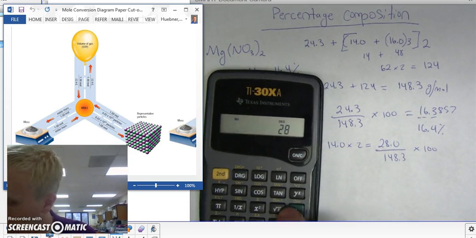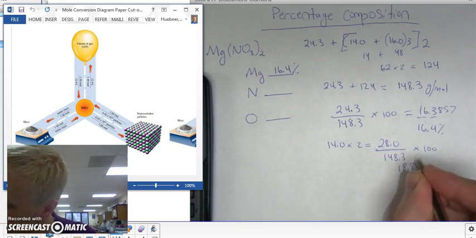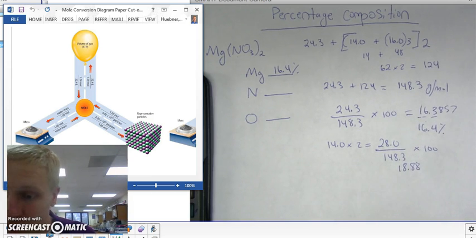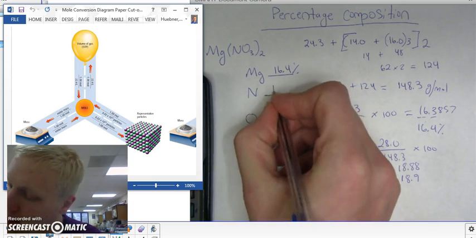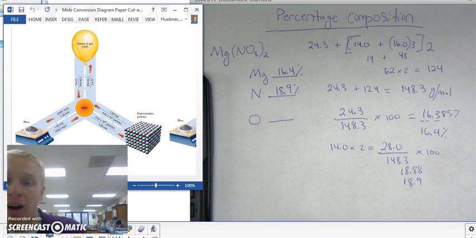Alright, 28 divided by 148.3 times 100 gives me 18.88. We're starting with 3 sig figs as the least amount, so it's actually going to be 18.9%.